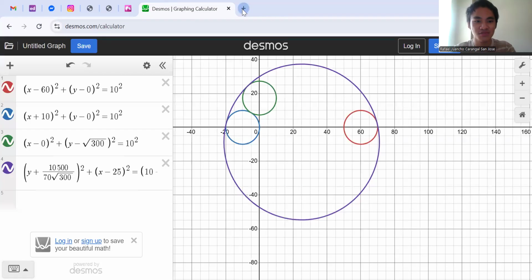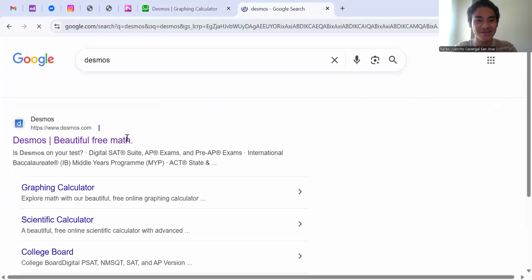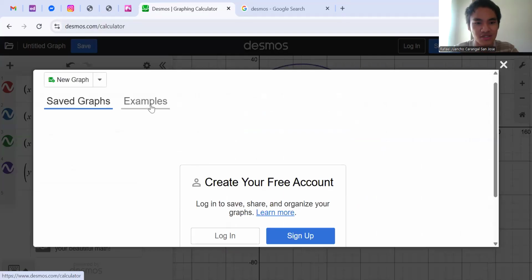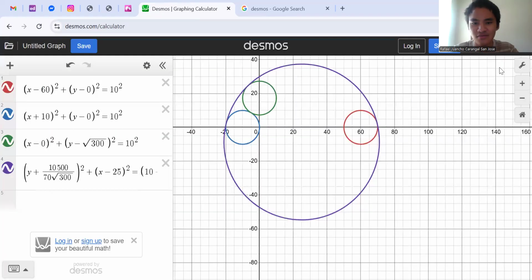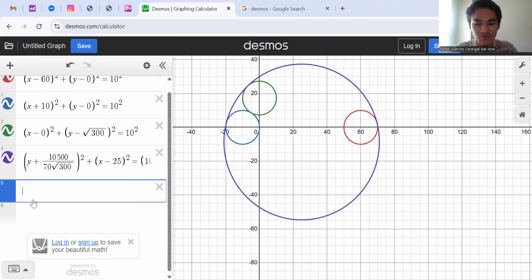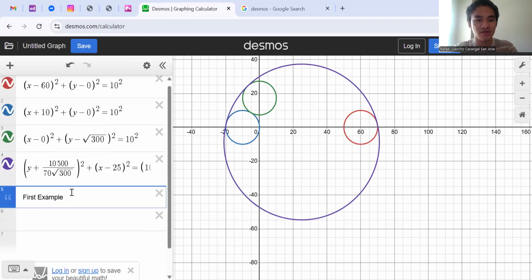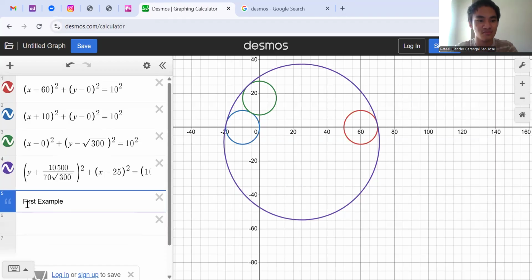Let me just do a new Desmos. Or maybe I shouldn't. How do you even save graphs? How do you do this? New graph. Can I put notes? What if I do that? Oh, there we go. And then this is the first example. Okay, and then I put this. No, I can't.